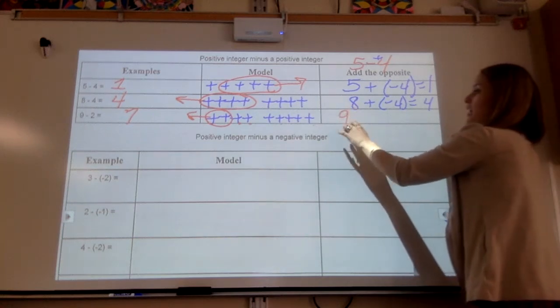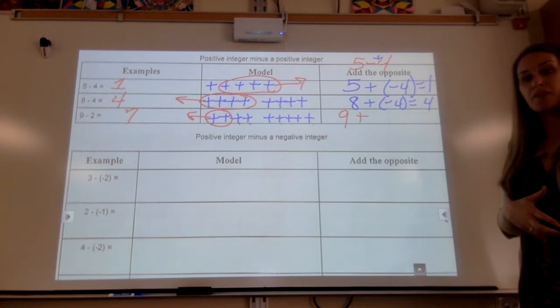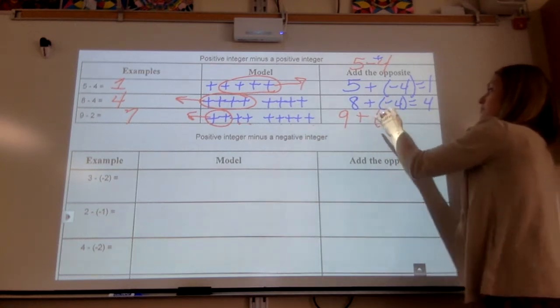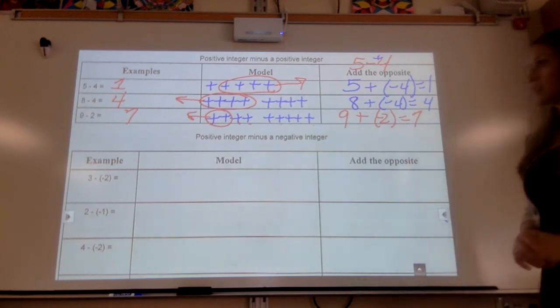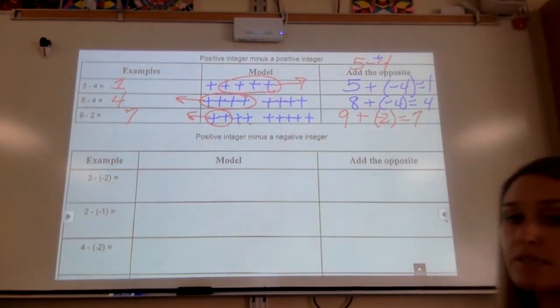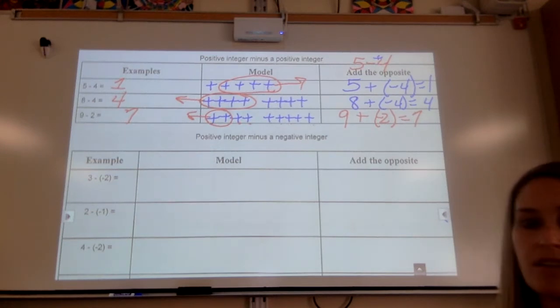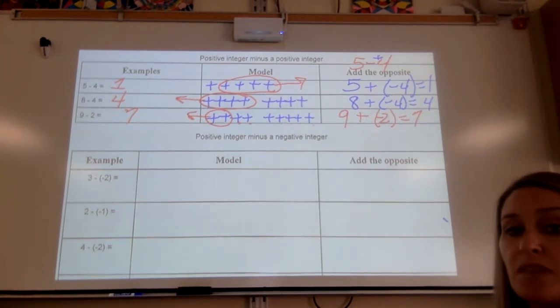Keep my first number 9, change subtraction to addition. What's the opposite of positive 2? Negative 2. And that, again, gives us a 7. So that's just taking what we already know and looking at it in a slightly different way. Instead of just saying it's a straight subtraction problem, you can think about it as the adding integers that we just worked on. That's going to really help you on this next section.